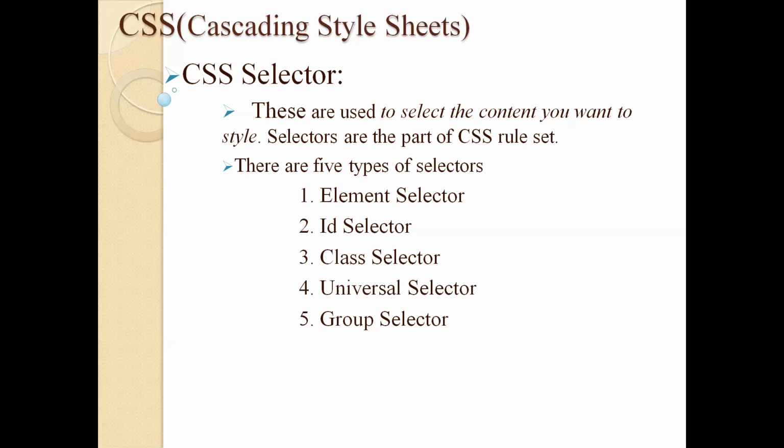Let us start with the element selector. Let us see the definition of the element selector, and then we can write one program on it. Here is the element selector.